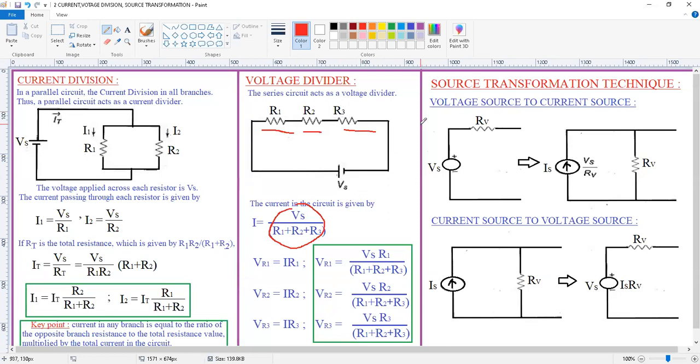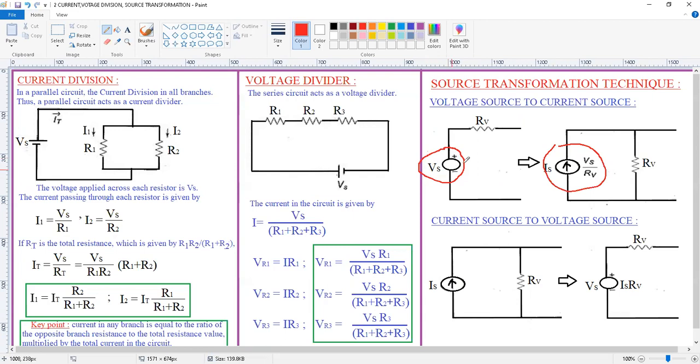Now next one is the source transformation technique. Okay. Now in the case of source transformation technique, we are going to convert voltage source to current source and current source to voltage source. Now first see the voltage source to current source. Now if you want to convert voltage source to current source, initially for the original circuit, the voltage source must be connected in series with the resistance like this.